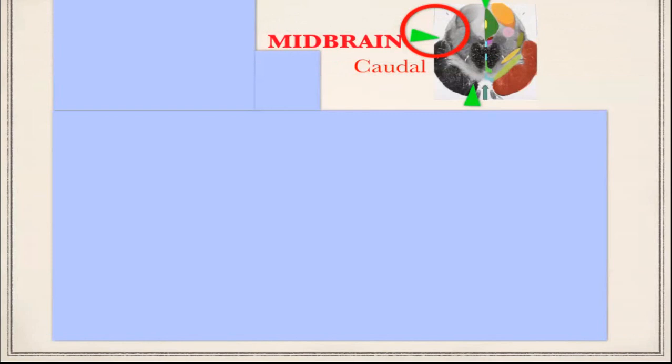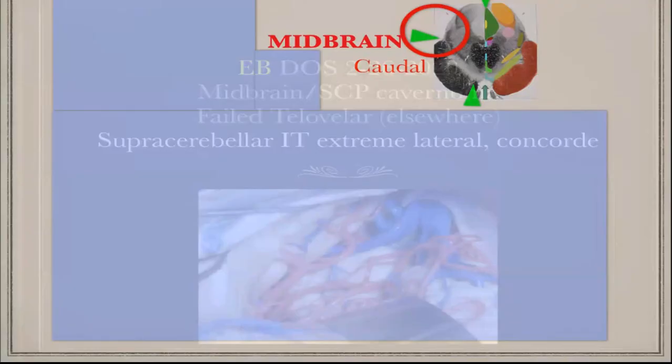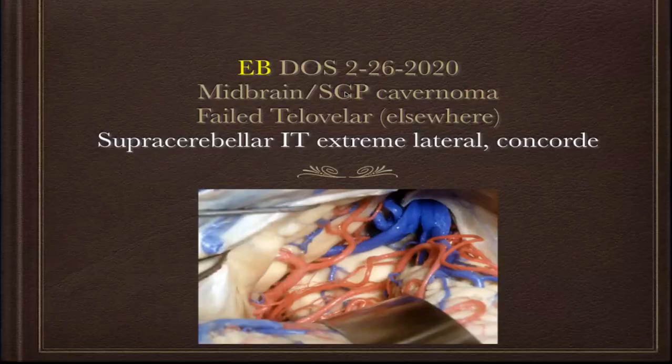How about a caudal midbrain example using the lateral mesencephalic sulcus? So I'm going to show you a superior cerebellopontine cavernoma that was operated on elsewhere through a telovelar approach, but they were only able to remove a tiny piece of the cavernoma.